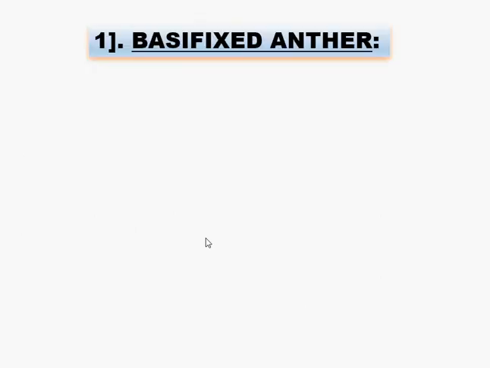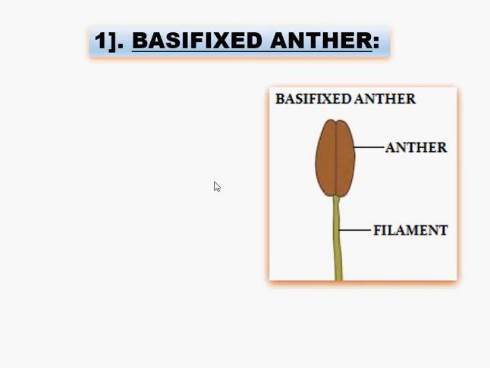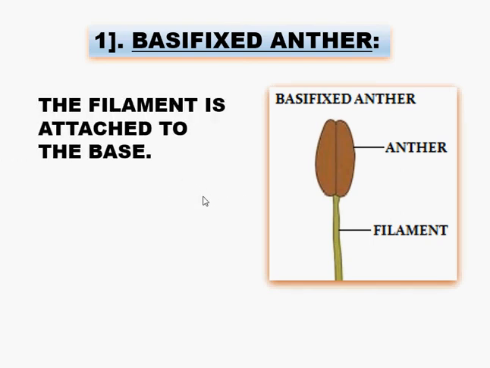Basifixed anther. The filament is attached to the base of the anther. So this is a stamen, and this stamen consists of anther and filament. The tip of the filament bears the anther. This filament tip attaches to the base of the anther.